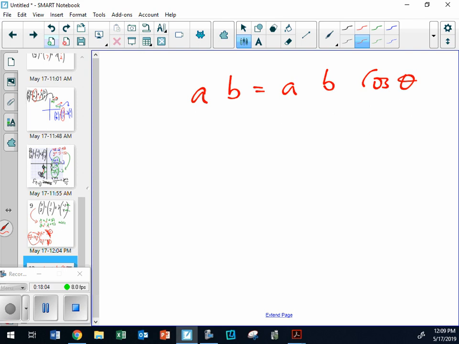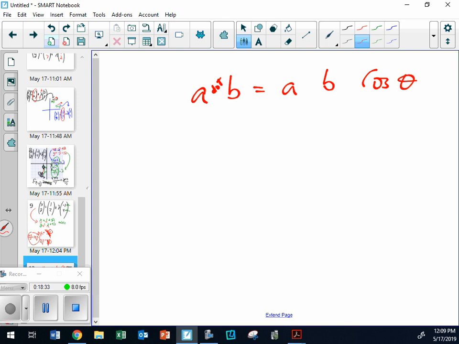A, B, cosine theta. Now there's more to it. A lot more to it. I'm going to put the word dot in between these two. Do you know why I don't want to put a dot symbol? Because they think it was multiplication, but it's not. It's called a dot product.